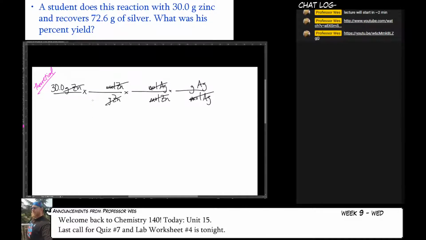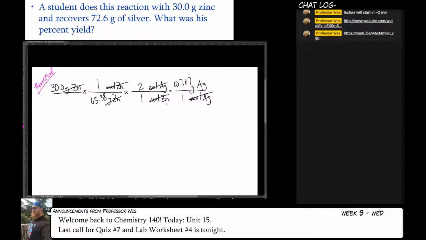I've already forgotten these numbers, so I got to write them down again. Let's see here. 65.38. I think it was 1 zinc goes in and 2 silver comes out. I should probably check that. Yep. Okay. And this is 107.87.